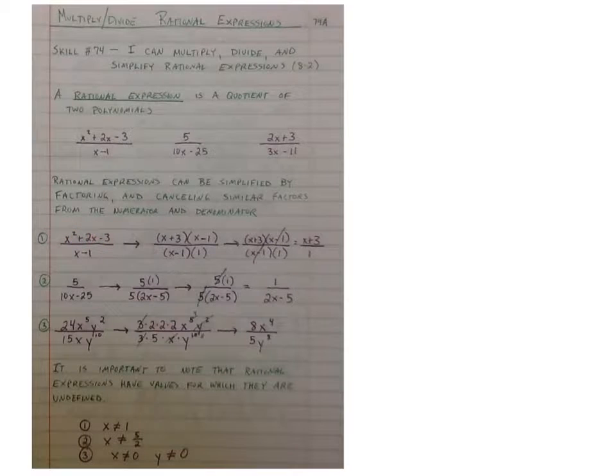So if we factor the numerator, we get x plus 3 times x minus 1, and in the denominator there's no need to factor it, but sometimes I include just a 1 there so that I don't forget it's there, and you'll see that in the next example, the importance. If you notice, both the numerator and the denominator have x minus 1, so we're able to cancel out those terms, and we're left with a simplified rational expression of x plus 3 over 1, or even more simply, x plus 3.